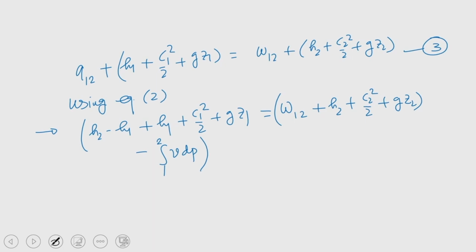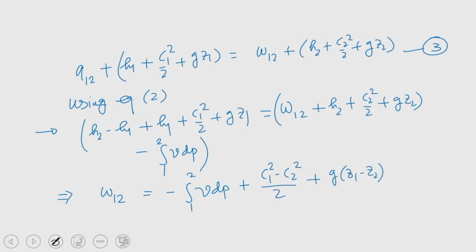What we can see, this h1 will get cancelled, h2 and h2 will get cancelled. So, we can write that w12 equal to minus integral 1 to 2 VdP plus (c1 square minus c2 square) by 2 plus g into (z1 minus z2).